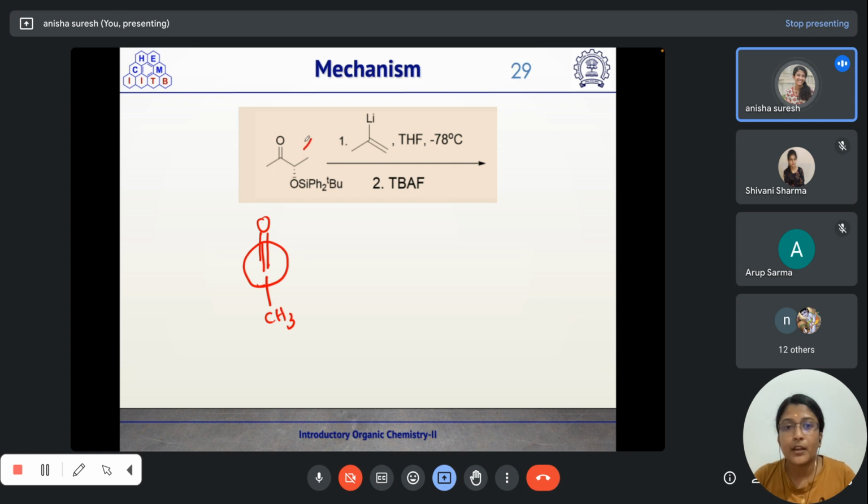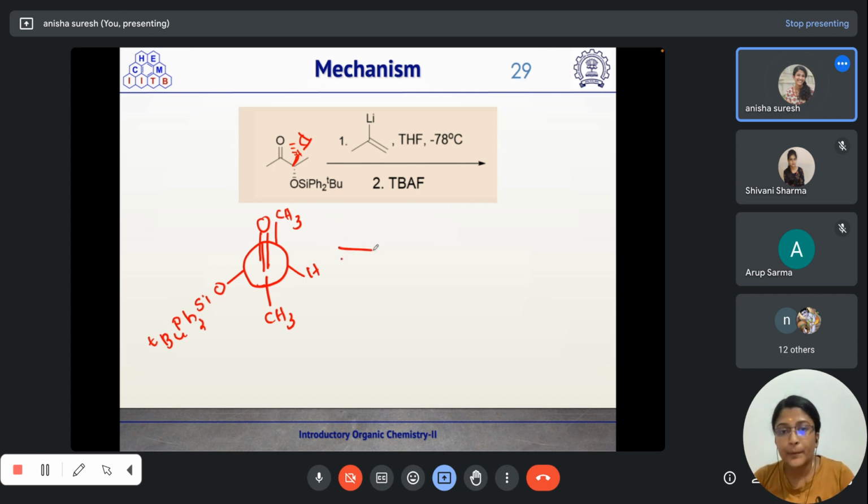If we are looking from this direction, here the hydrogen will be on our right hand side, and OSi Ph2 tBu will be on our left hand side, and this methyl group we can draw close to the carbonyl.